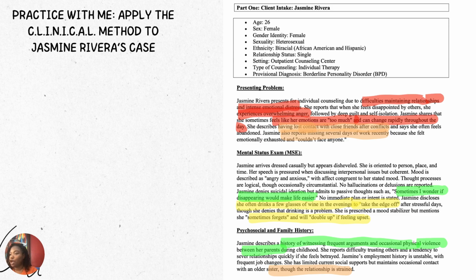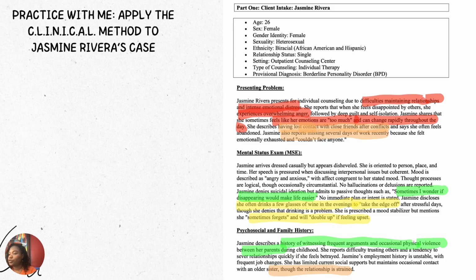She discloses she often drinks a few glasses of wine in the evening to take the edge off after a stressful day. Though she denies she has a drinking problem, she is prescribed a mood stabilizer, but she mentions she sometimes forgets and will double up if feeling upset. Her psychosocial and family history: she describes a history of witnessing frequent arguments and occasional physical violence between her parents during childhood.